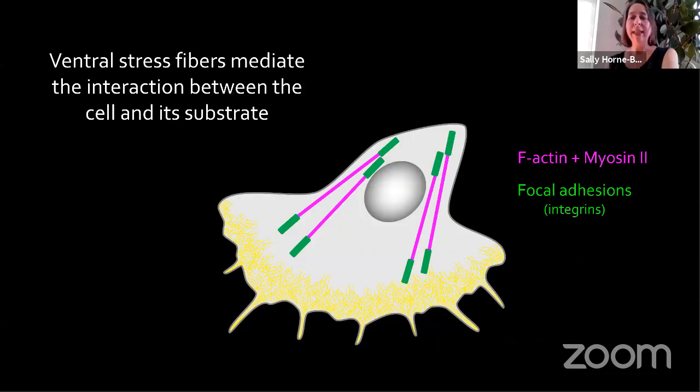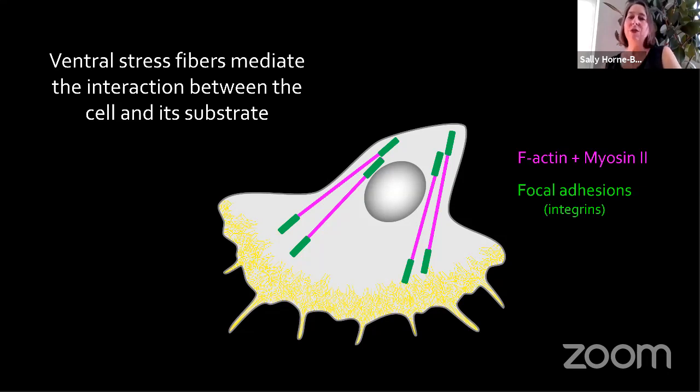Now, as far as we can tell, the stress fibers in the follicle cells are most similar to the ventral stress fibers that are seen in cultured cells. And just as a quick reminder, these are large actin-myosin bundles that are anchored on their ends by integrin-based focal adhesions to the underlying extracellular matrix.